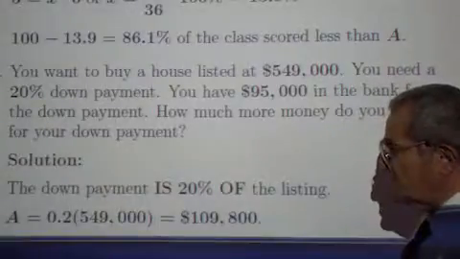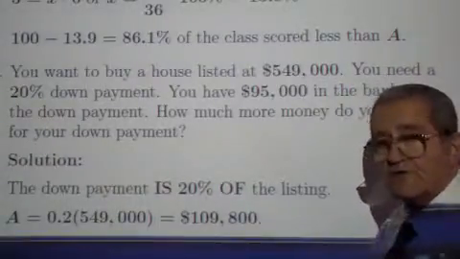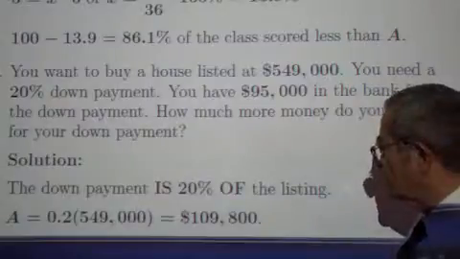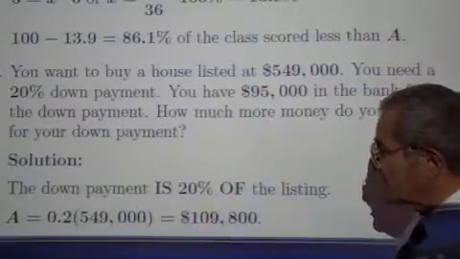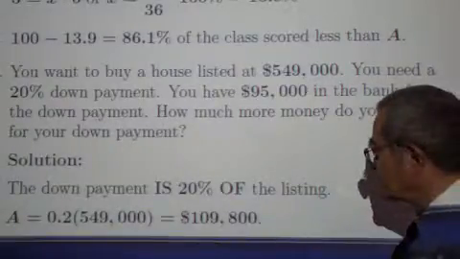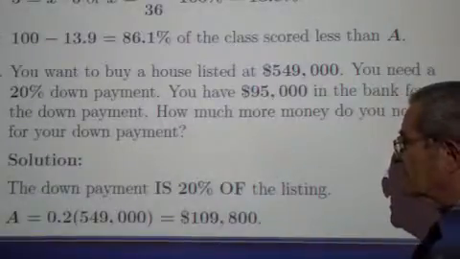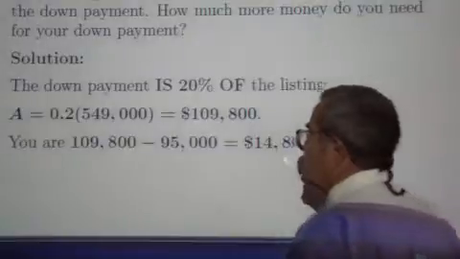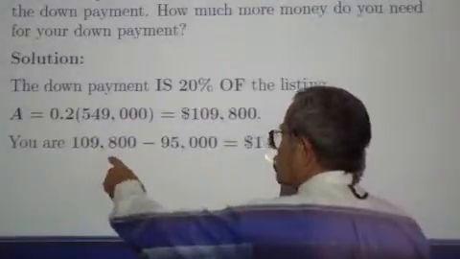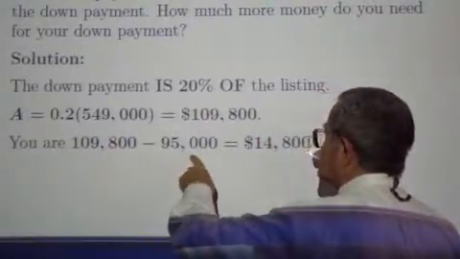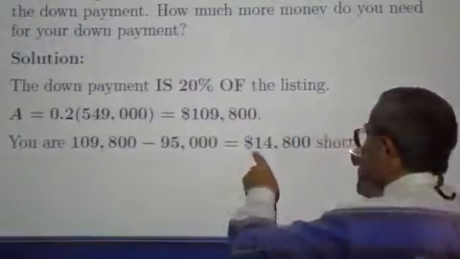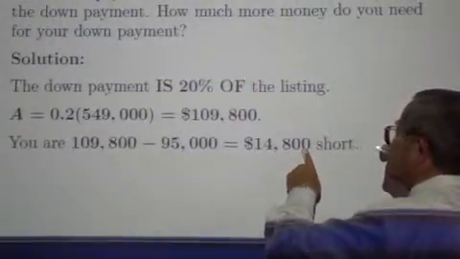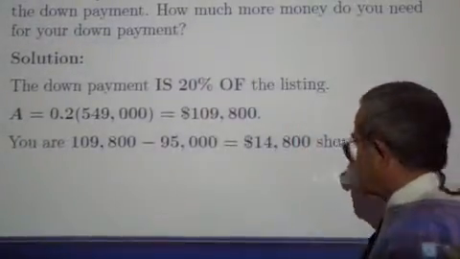But you want to train yourself to work with numbers. The numbers should start to make a little bit of sense. So you need 109,800. You have $95,000 in the bank. You are short $14,800.